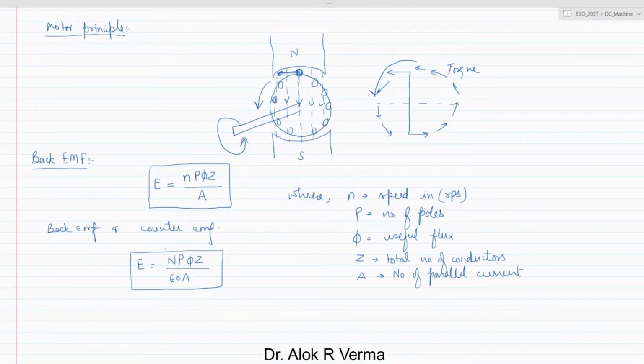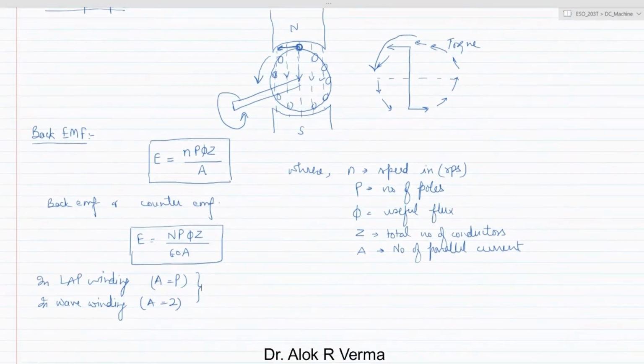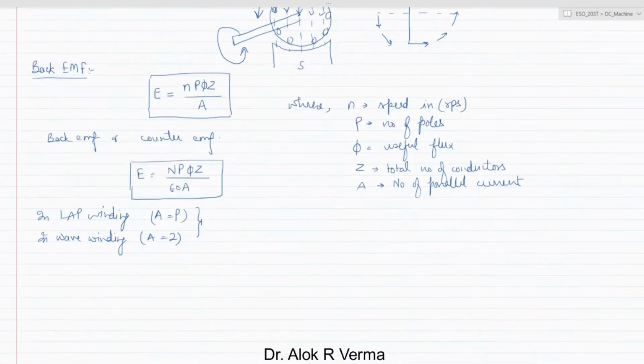Sorry, I'll just write it down: in lap winding, A is equal to P; in wave winding, A is equal to 2. So this is the difference. Depending upon the DC machine, you can consider the value of A accordingly. This is exactly the same as we derived in the case of the generator.